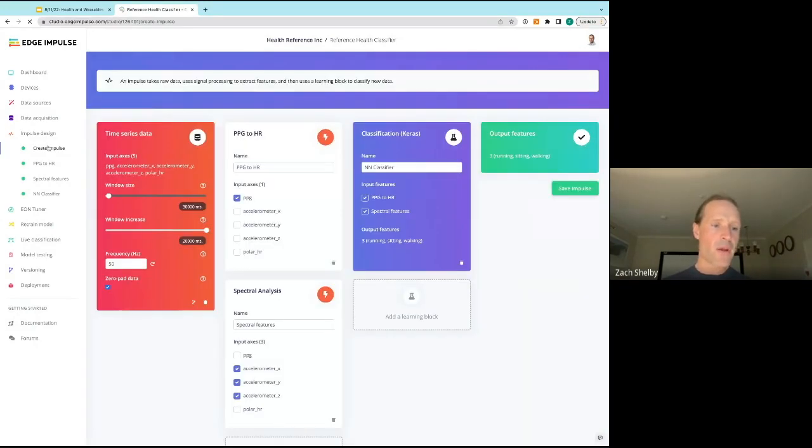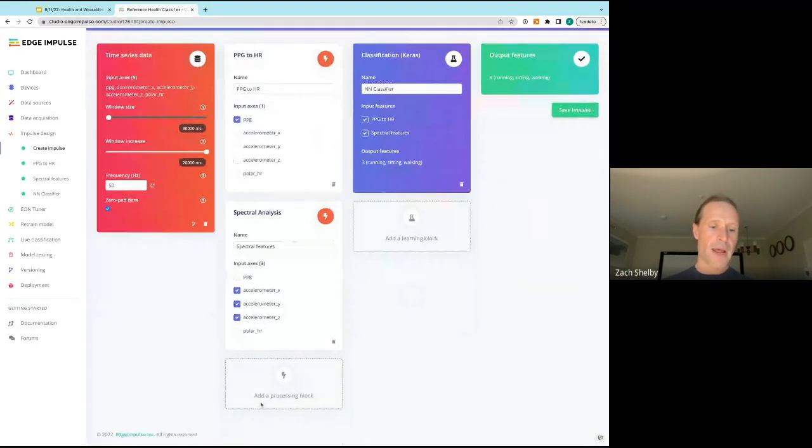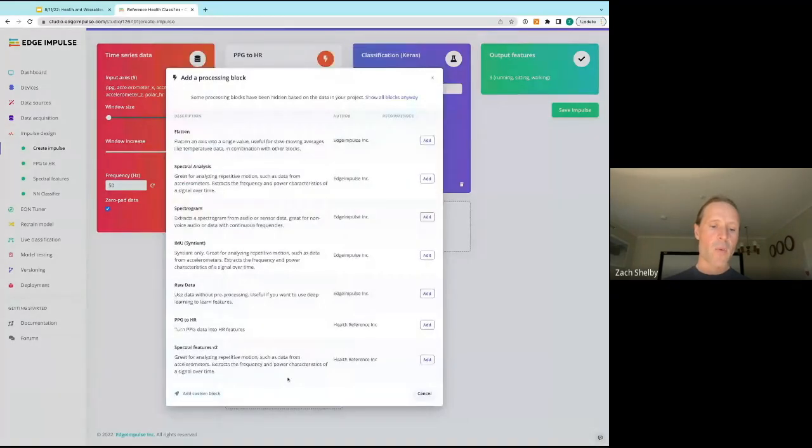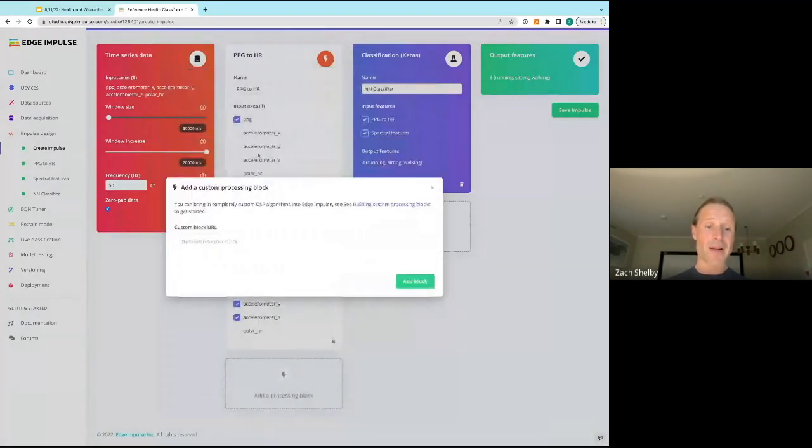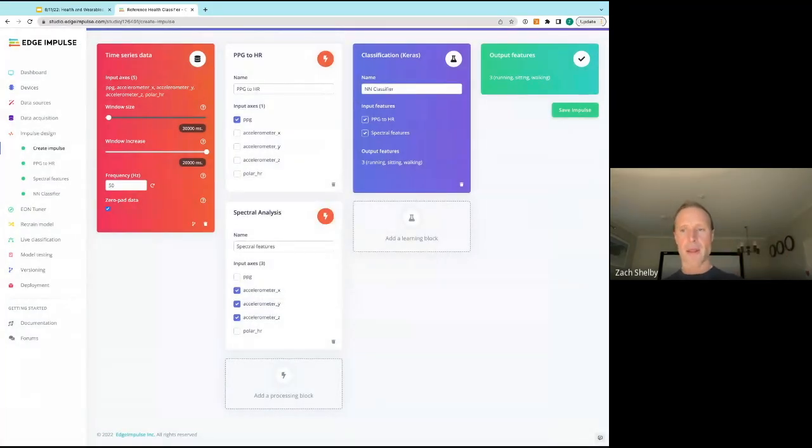And then we also have the ability, if you go down to add a block, to add a custom block. You can implement a completely custom feature extraction block, and then deploy that in Edge Impulse and use it yourself. We haven't been doing wavelet stuff. I've heard a lot about it. It's interesting, but you could very well implement a wavelet block here and then start applying it with machine learning. It's not too hard to do. You write some Python and then you write some C++.